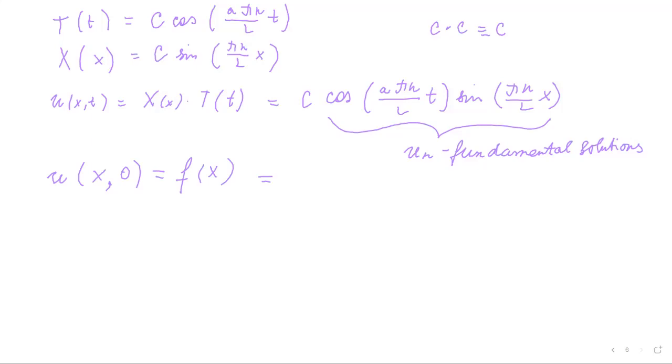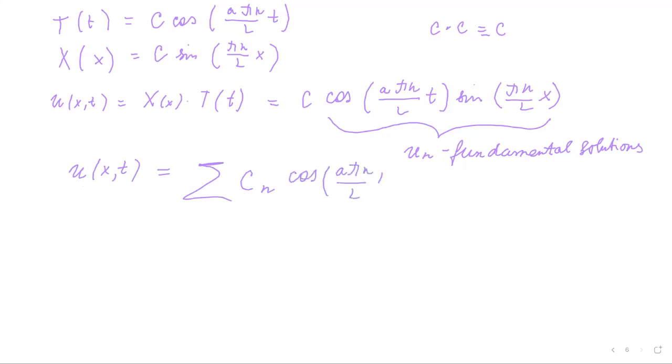I'm going to sum up functions like this, and that's going to be a solution. Maybe before I do the initial condition, I should explain this. Otherwise, it looks a bit weird. I'm sorry. So I'm going to write down that u of x, t equals the sum of Cn cosine of i pi n over L t multiplied by sine of pi n over L x.